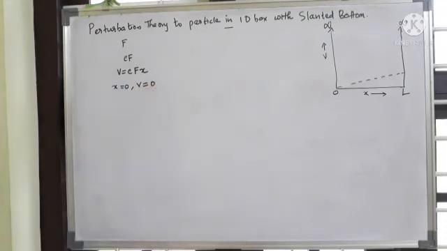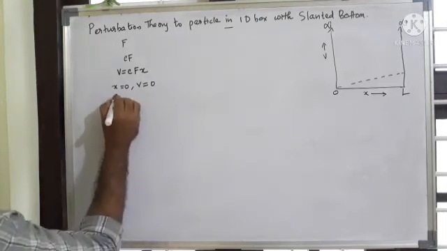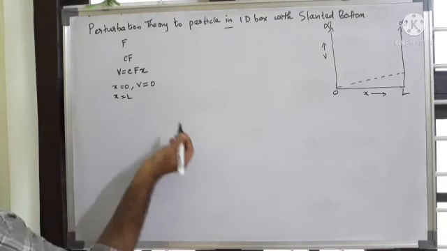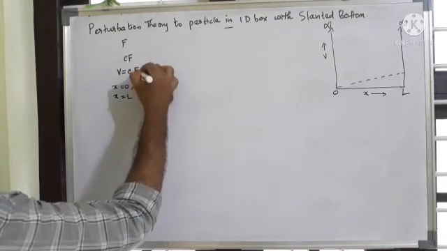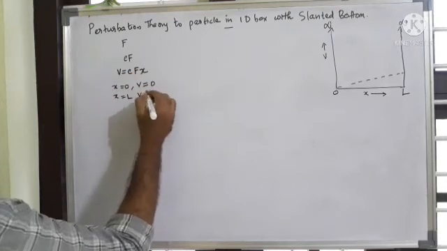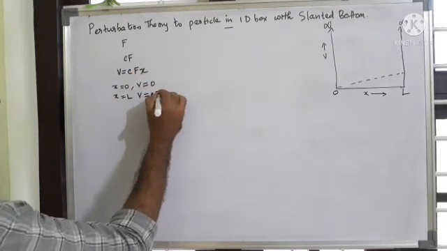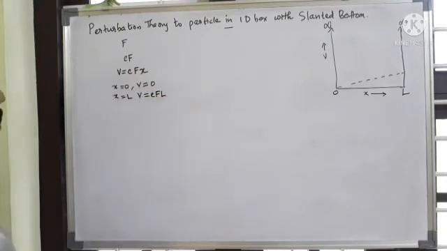And at X equal to L, what will the potential energy be? In place of X, we substitute L, so we get V equal to EFL.